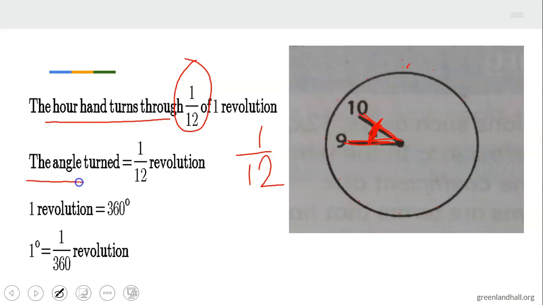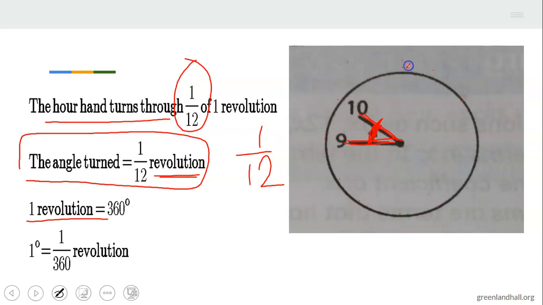Now, the angle turned equals 1/12 revolution. And we know the angle in a circle is 360 degrees. That is, when you move round the circle once, you have completed a 360 degree turn.